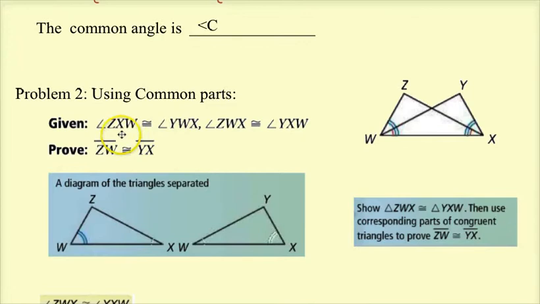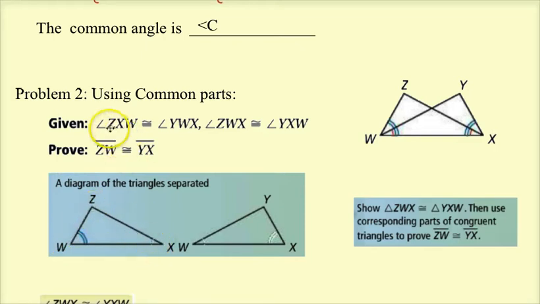So in this particular problem, we have angle ZXW is congruent to angle YWX, and angle ZWX is congruent to angle YXW. So the triangles right here are drawn re-separated. As I can see, WZX, and I have this angle X right here.